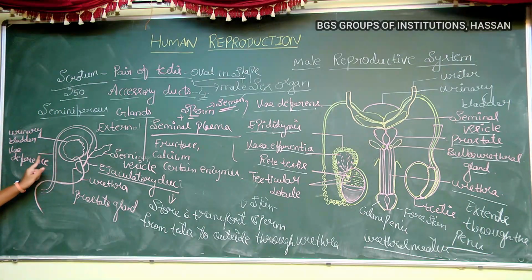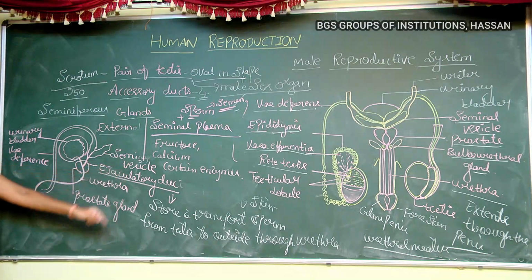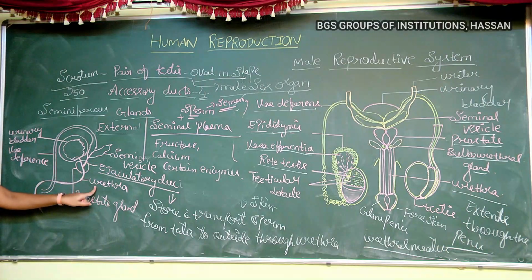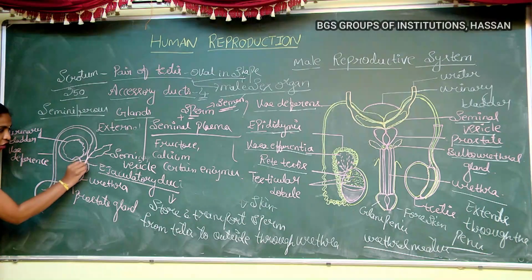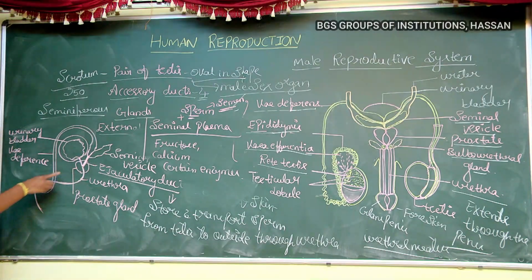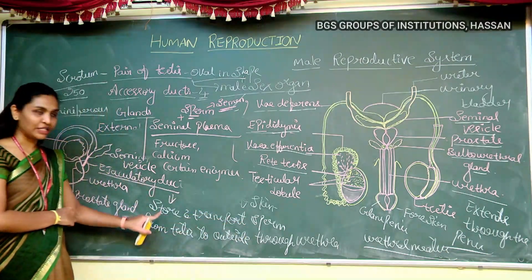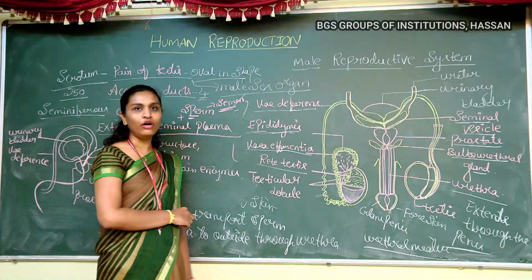Vas deferens loops over the urinary bladder and receives a duct from the seminal vesicle, and opens into the urethra as the ejaculatory duct. Here is the location of the ejaculatory duct and the prostate gland. The ejaculatory duct stores and transports sperm from testes to outside through the urethra.